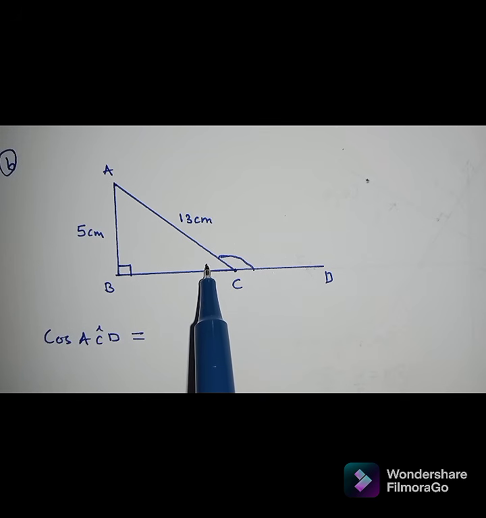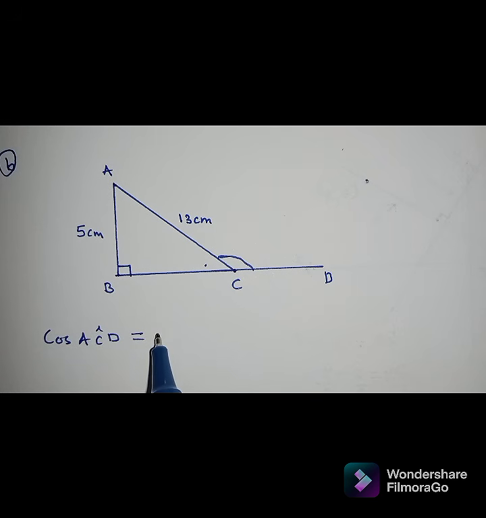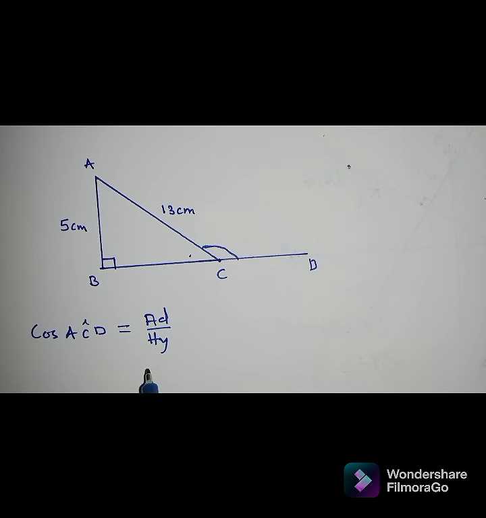Using the acute and obtuse angle, the opposite of this will be equal to this. We say cos is adjacent over hypotenuse. Do we have adjacent? We don't have it, we need this adjacent. The hypotenuse we have is 13.